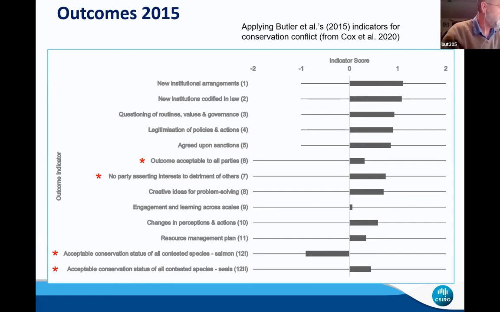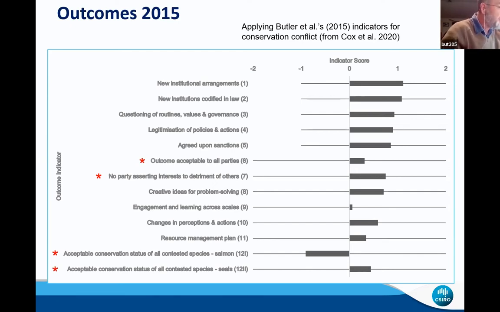And to what extent was there an acceptable conservation status of the contested species, salmon in this case, and the same for the other species, in this case, seals? And what we found, which is quite interesting as a result of asking these questions, is that the outcome acceptable to all parties was pretty weak. And in fact, you can see some people from the range of scores said that actually it wasn't good.